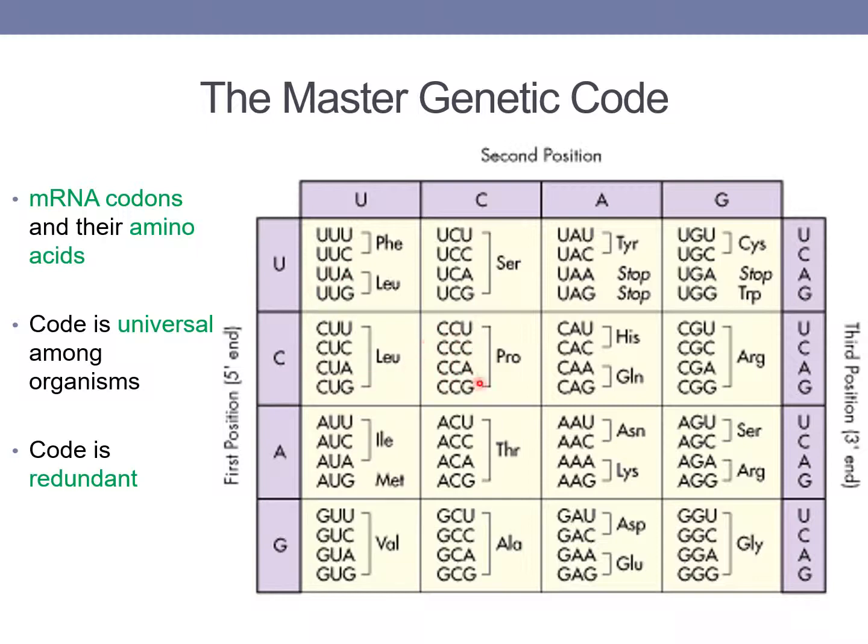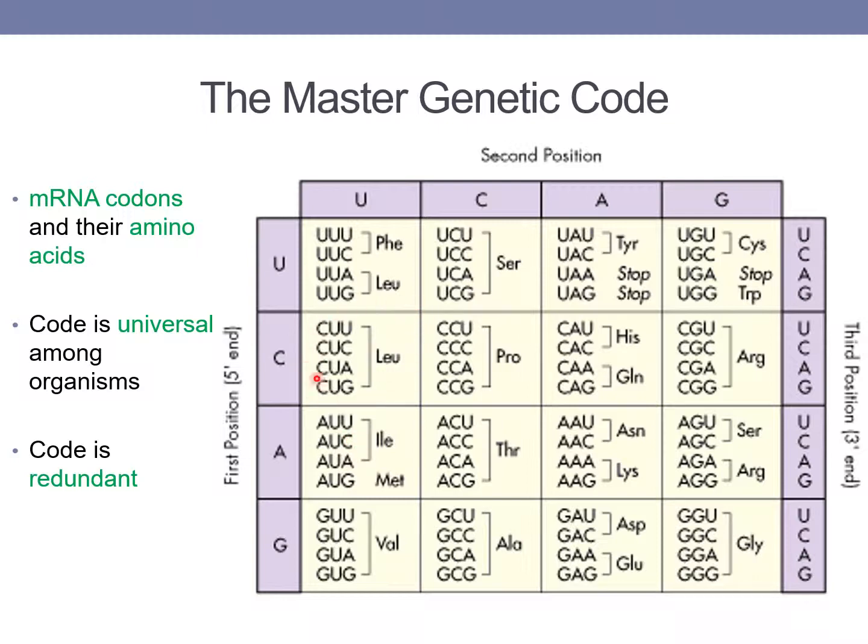Proline has several codons that code for the same amino acid. And if you look at some of these other amino acids, you'll find the same thing. And so the code is redundant in that each amino acid, except for methionine, has several codons that will code for that same amino acid.